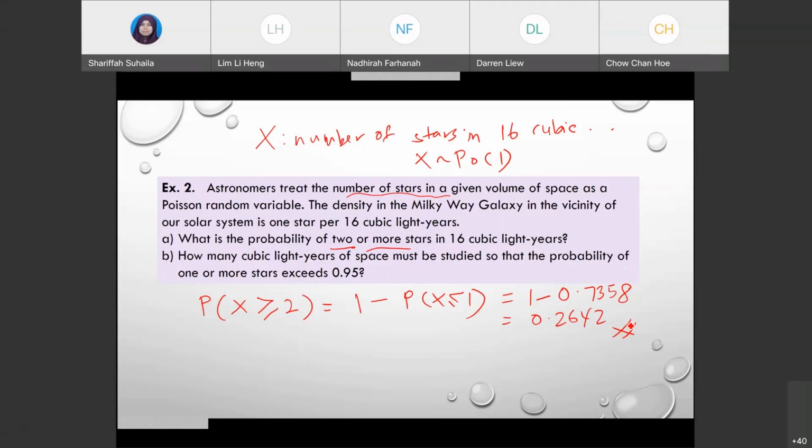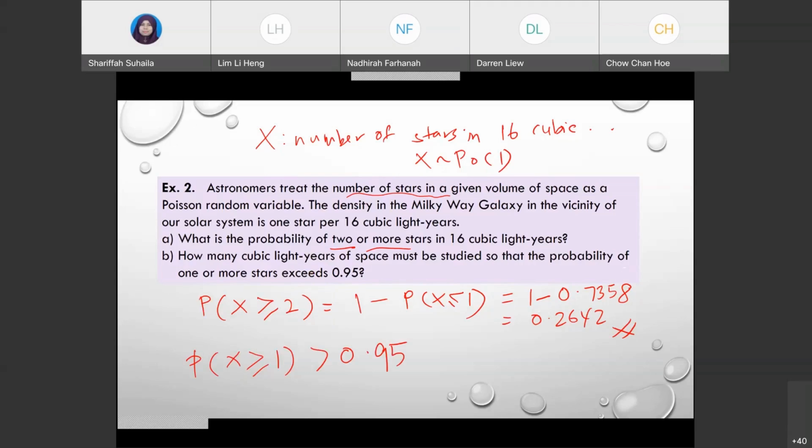Okay. So part B is the same thing macam kita punya exercise tadi. So how many cubic light years of space must be studied so that the probability of one or more stars exceed 0.95. Okay. Kita tulis dulu dia punya bentuk salinan one or more star. Maksudnya x greater than or equals to 1 exceed 0.95. So this is the way how you need to write.